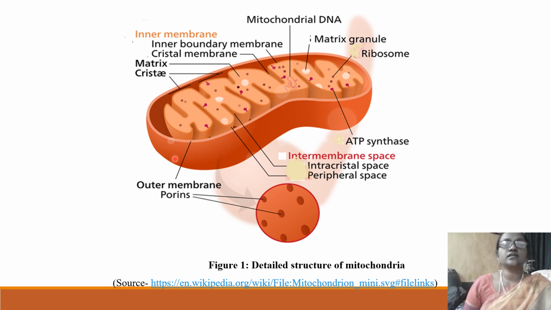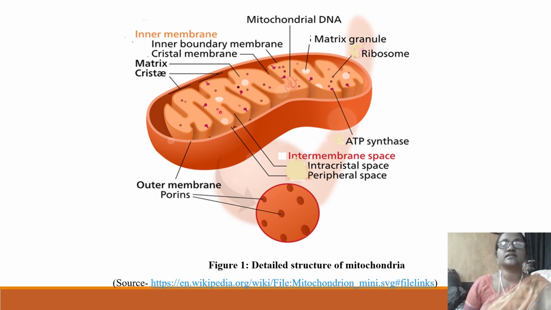So here you can see the outer membrane. This outer membrane has some pores which we call porins. Then you have the inner membrane. There is a space which we call the intermembrane space. And this is the inner membrane. The inner membrane is folded, which we call the cristae, while this fluid filled area we call the matrix.